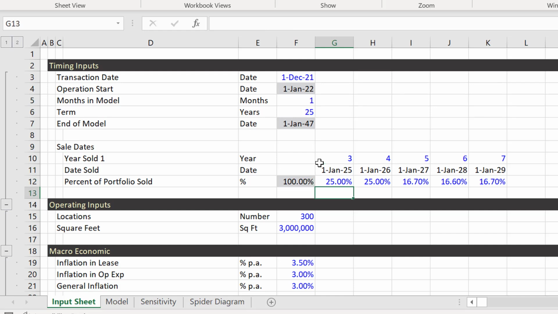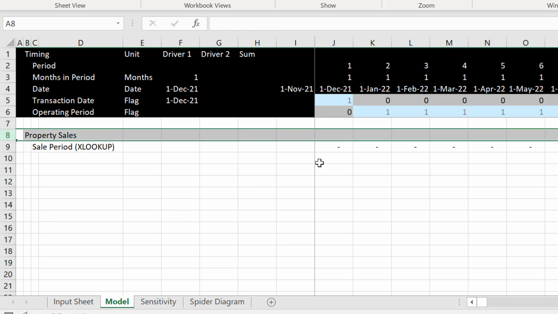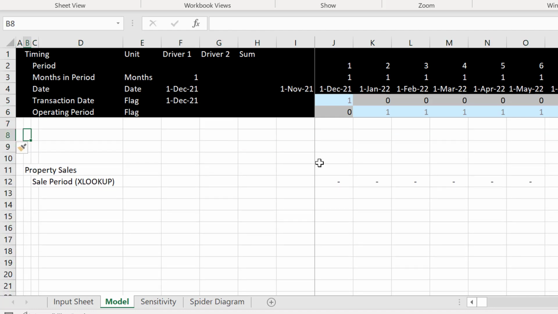So before we do this, why don't we put the locations in square feet? Okay, so let's put location.